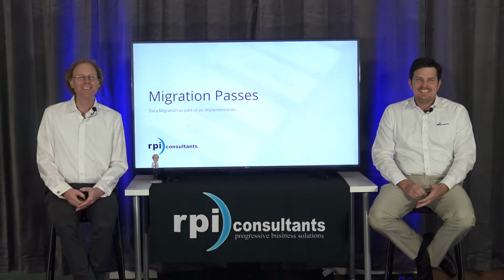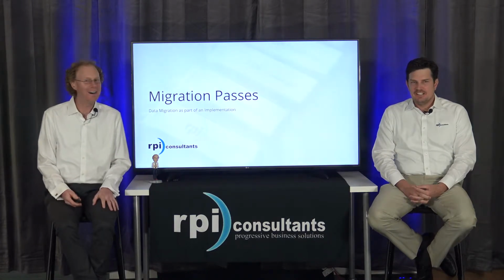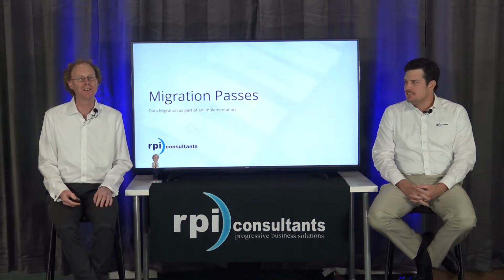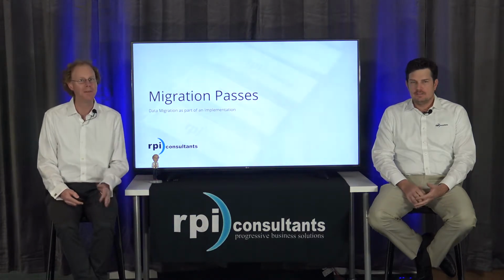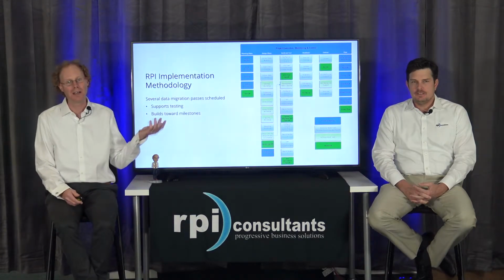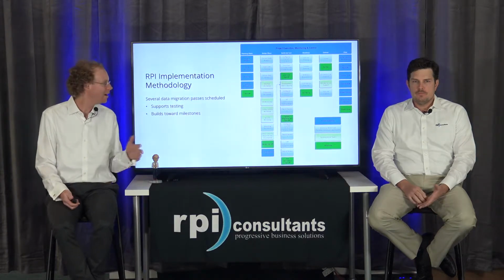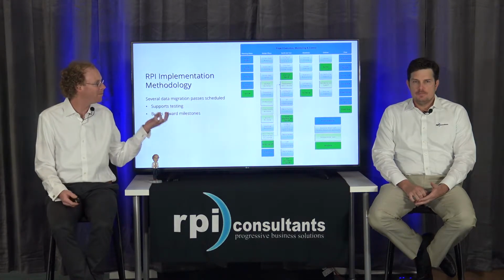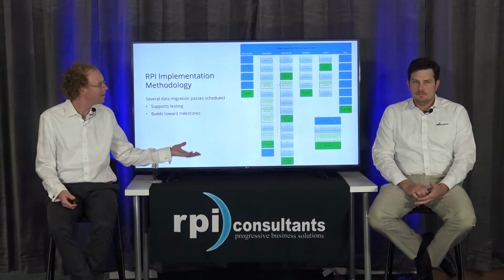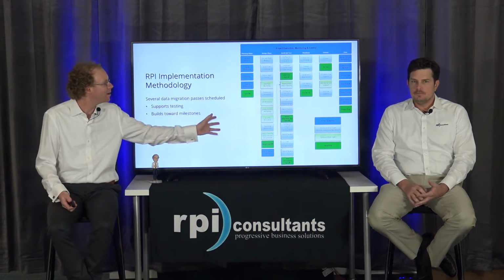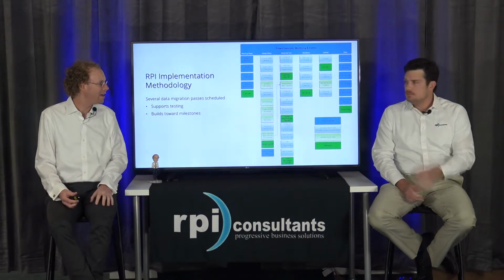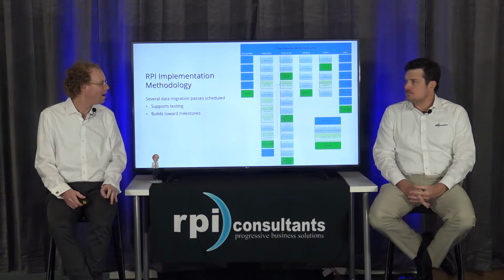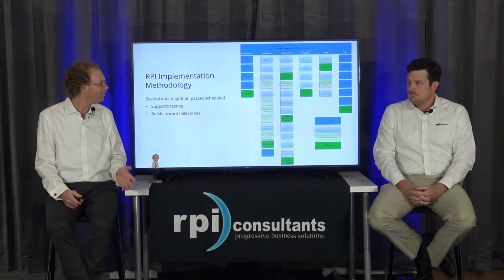There you go. Let's dig into migration passes and how they fit into the overall implementation project. Here we have a diagram of an actual global HR project plan. The columns are the phases, and each box is a segment of work, a milestone, or a deliverable.